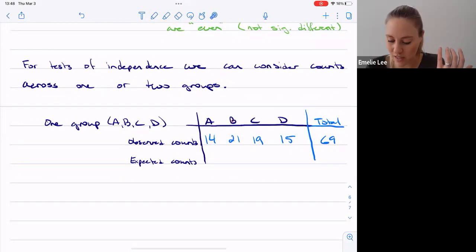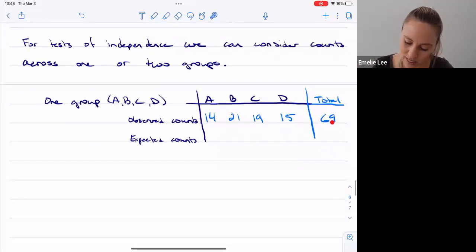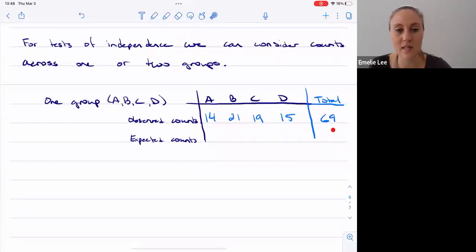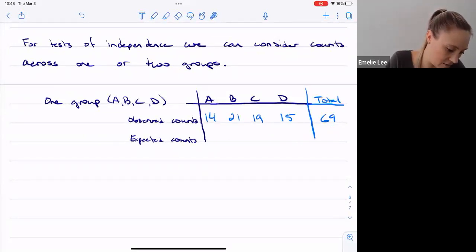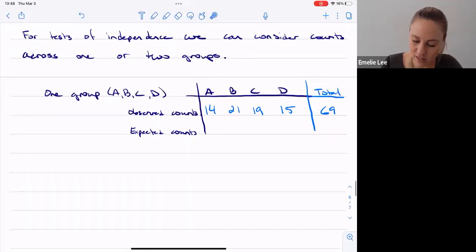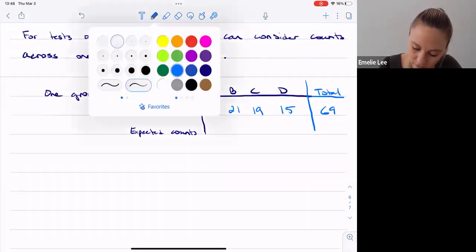So think about these as packaging designs A and B and C and D, which ones were picked the most. Okay, so then I could divide this 69 over 4 options and they would be evenly distributed. 69 divided by 4 is 17.25.